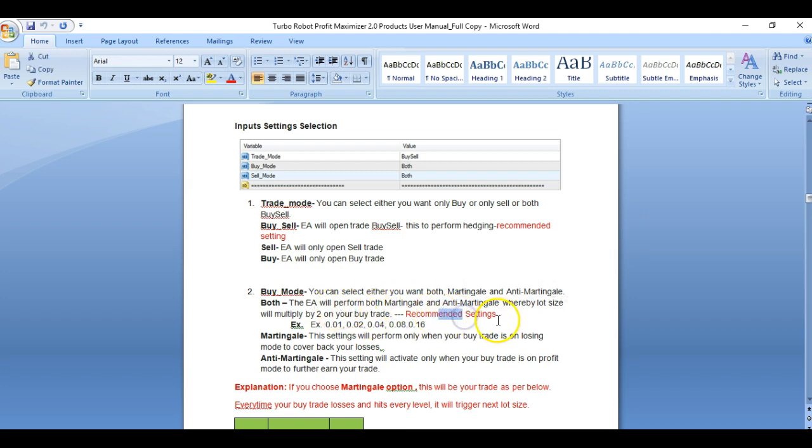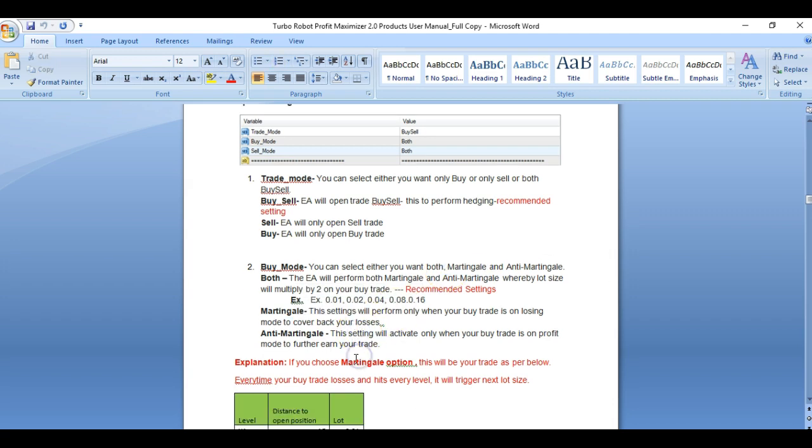You know why? It's because you are performing anti-martingale and also martingale together. Alright, so let's say you are choosing only martingale, so this setting will perform only on your buy trade. Let's say you are in a buy trade, and if it is a losing trade, it will perform only the martingale.